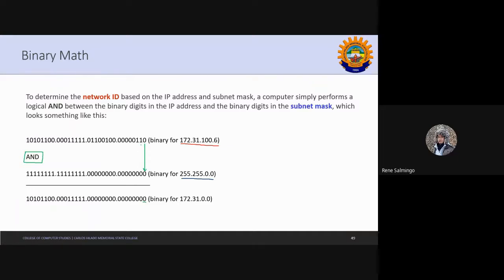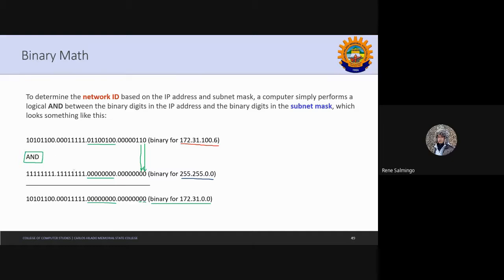This one, 1 and 0, is still 0, so all of it until here will also be 0. And when you go back here, what will be the value? Directly, all of it will become 0. So that's why you have this network ID. Using the AND value, you could determine the network ID.